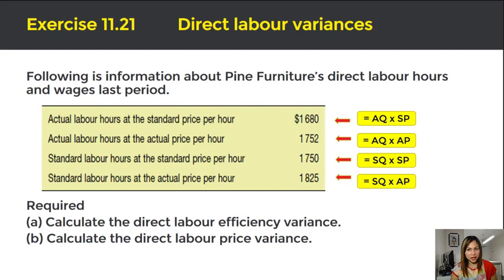So how do we calculate the first one? Efficiency is looking at the difference between actual quantity and standard quantity. But which price, actual price or standard price? It is actual quantity minus standard quantity, or the other way around, standard quantity minus actual quantity, times standard price.